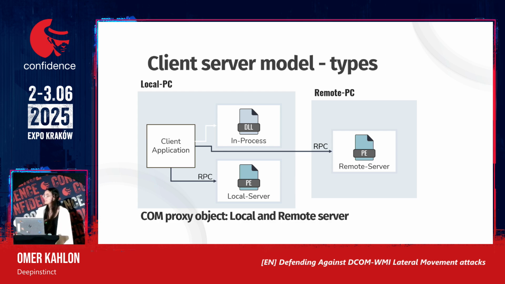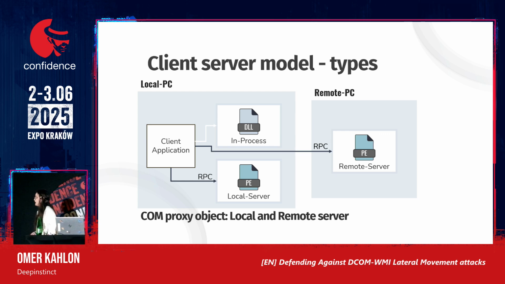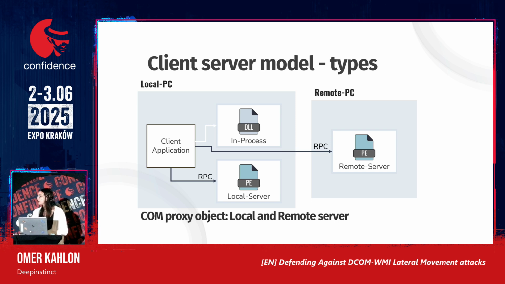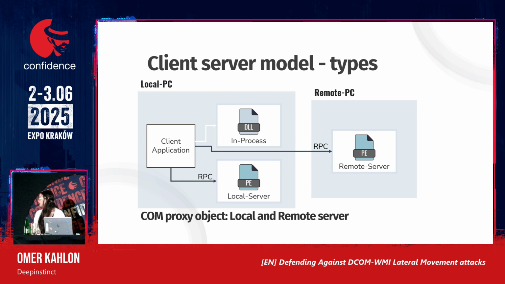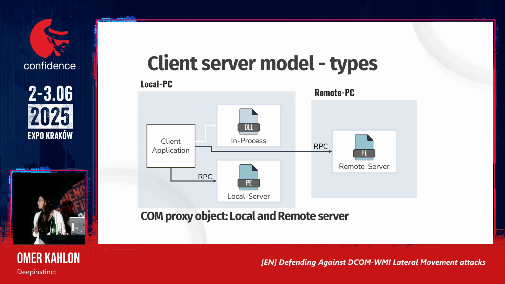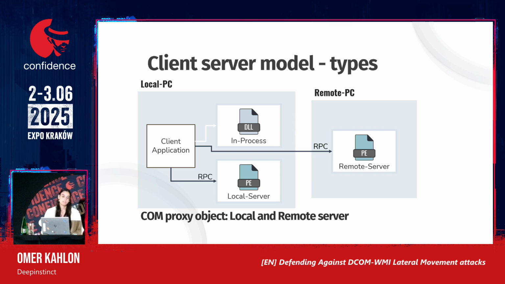In the case of a local or remote server type, this object acts as a proxy object that forwards calls to the server using RPC and returns the result back to the client. From the client's point of view, it does not matter if it's part of an in-process or a local server type that represents a COM session, or if it's part of a remote server that represents a DCOM session.